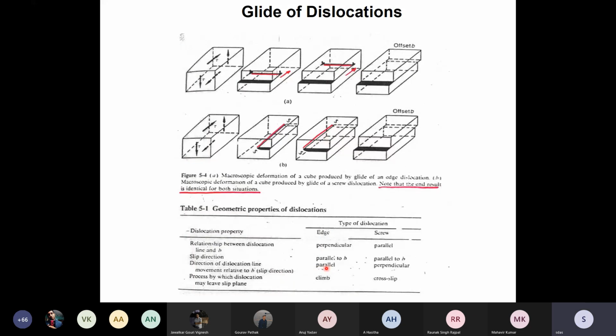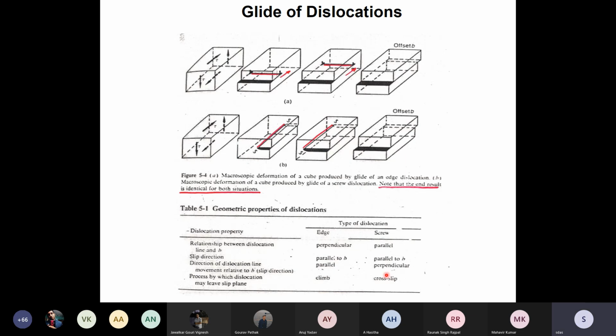In edge it is parallel, but in case of screw, it is perpendicular. And how dislocation moves from one slip plane to another slip plane, I'll explain it later, but write it down. For edge dislocation by climb, for screw dislocation by cross slip.